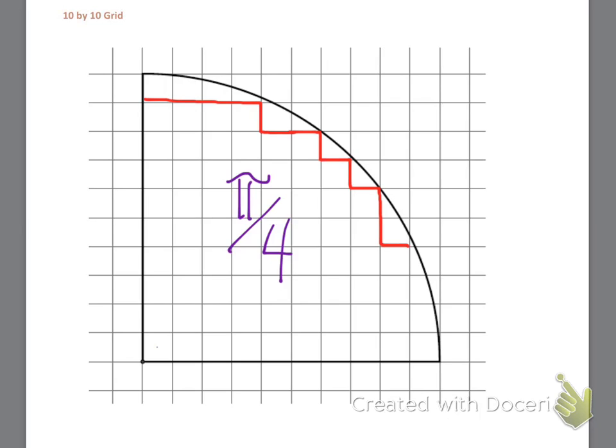I'll take all those. So if I count up all these whole squares, I know that that's going to be less than the area of this quarter circle, right? So let's use a different color for outside.